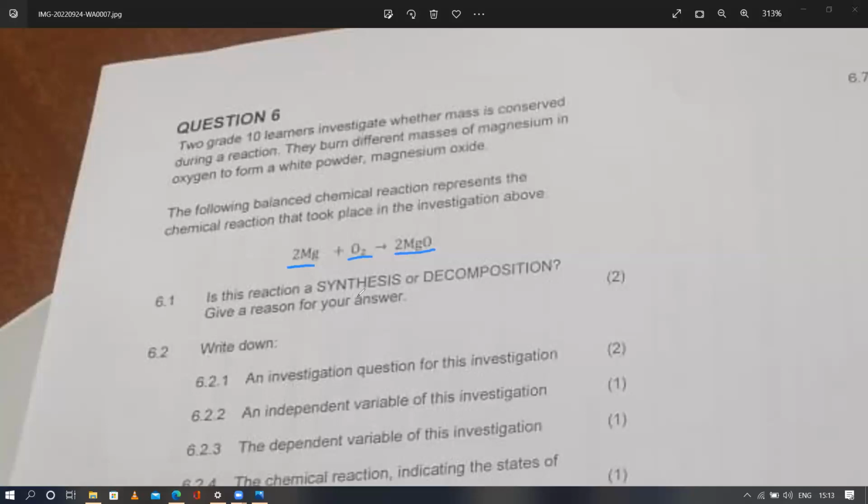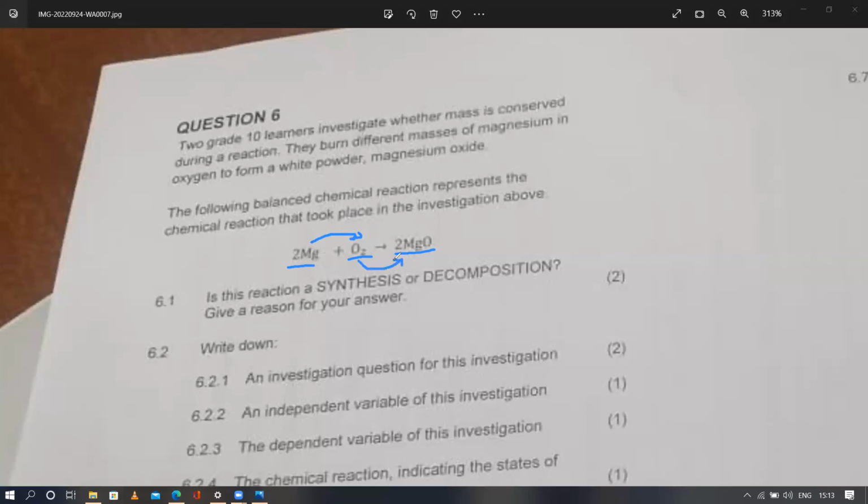So this is a synthetic reaction because if you look at it, these are gonna add. These are added to each other to give you this.